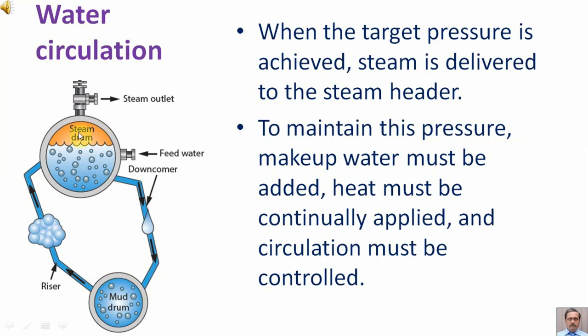When the target pressure is achieved, steam is delivered to the steam header. To maintain this pressure, makeup water must be added, heat must be continually applied, and circulation must be controlled.